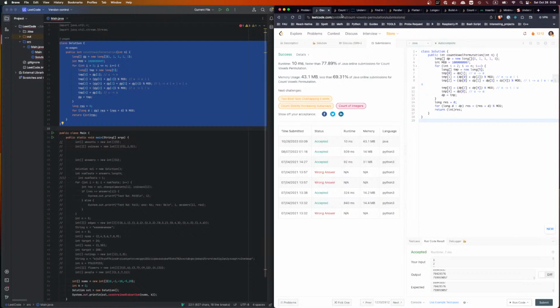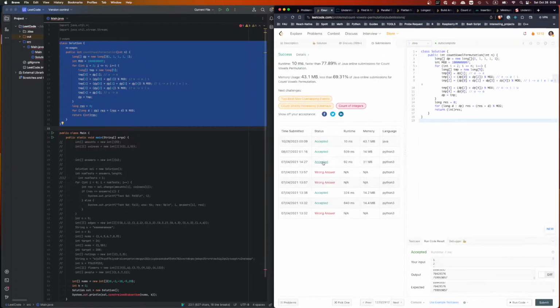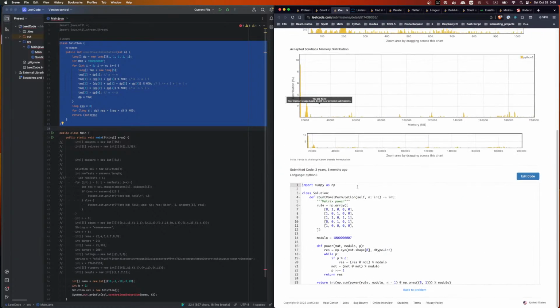That's the previous solution. How about this one? Oh, that's the one. Matrix power.